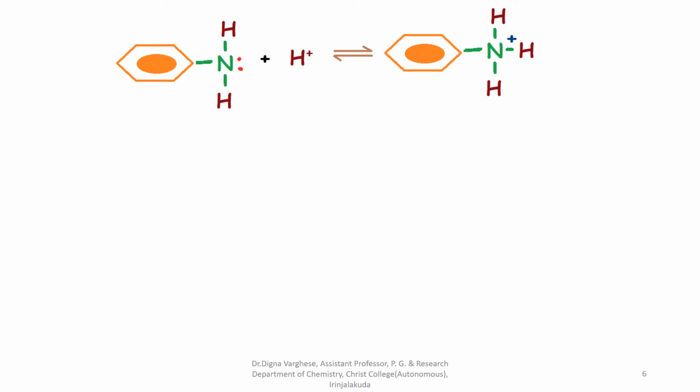As in the case of methylamine and the ammonia molecule, aniline also has a lone pair on the nitrogen atom which can act as a base by donating electrons to an electron deficient proton and forming the anilinium ion.